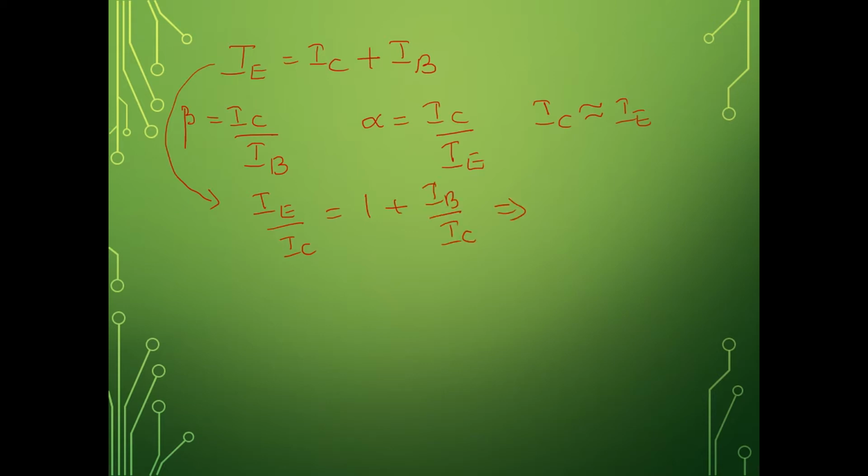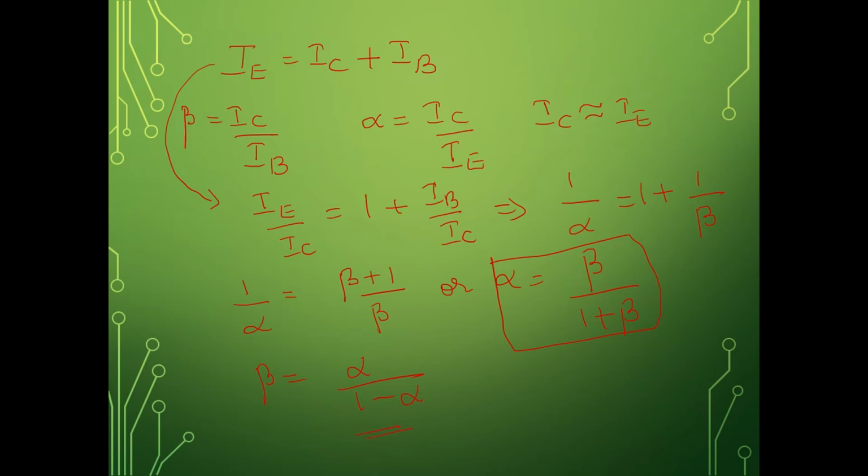So we can write this as 1 by alpha is equal to 1 plus 1 by beta, or 1 by alpha is equal to (beta plus 1) by beta, or alpha is equal to beta divided by 1 plus beta. The same way, if we rearrange, we can write beta as alpha divided by 1 minus alpha.